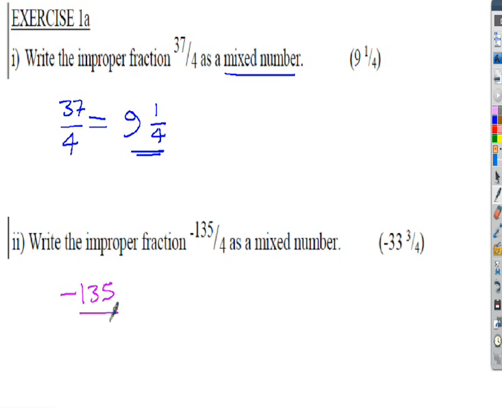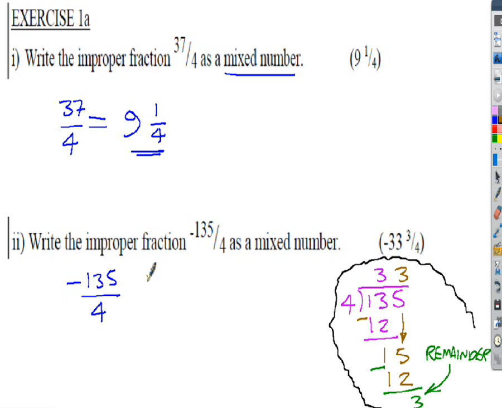The negative doesn't really bother us, the sign of the fraction. And again, how many times does 4 divide into 135? So from my long division calculation on the right hand side, I find that 4 divides into 135 completely 33 times, so it's negative 33, and the remainder is 3, so that would be written as 3 over 4.